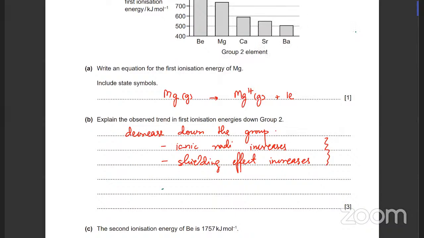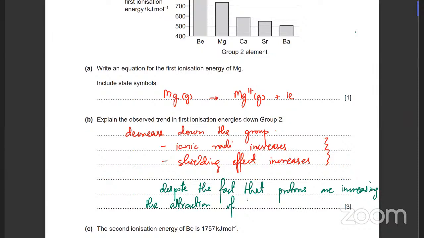So you're going to write at the end that despite the fact that protons are increasing, the attraction between the nucleus and the outer electrons decreases. You have to always write this statement at the end.